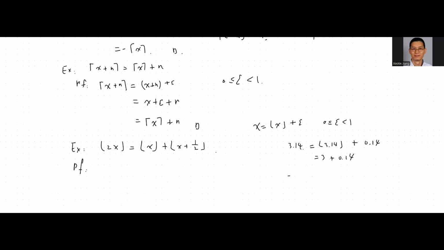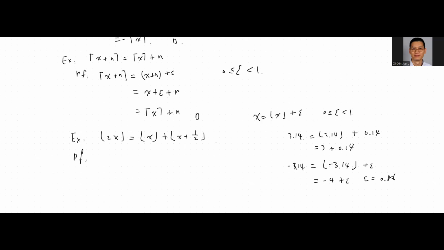So negative 3.14 equals the floor of negative 3.14 plus epsilon. And then you would actually have negative 4 plus epsilon. So this epsilon equals 0.86. It's still greater than or equal to 0, less than 1, but it's actually not like 0.14. Okay, so that's something I forgot to mention earlier.